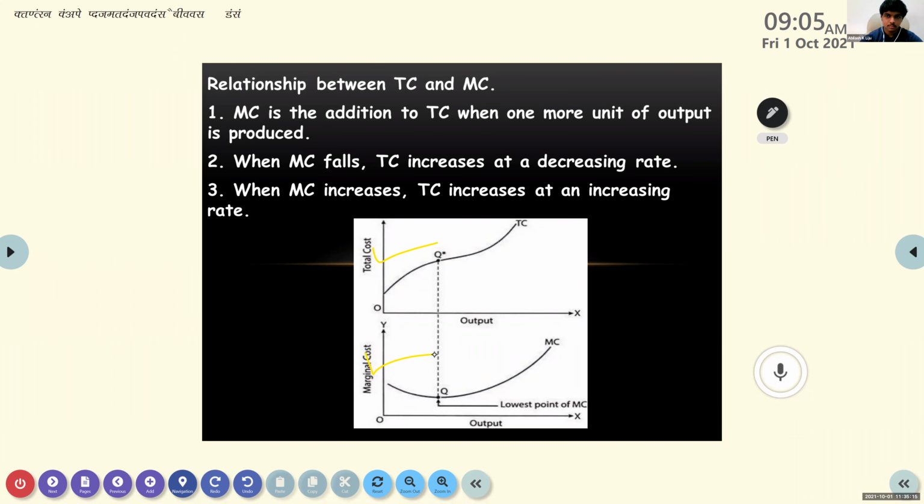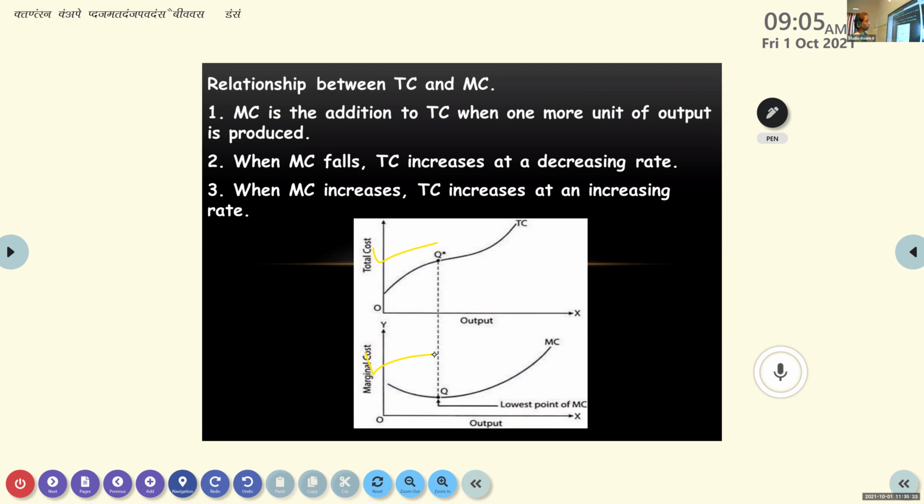Inverse S-shaped. So here you can see TC curve is inverse S-shaped. MC curve, we cannot say fully as a U-shaped one, but a flatter U-shape you can see.